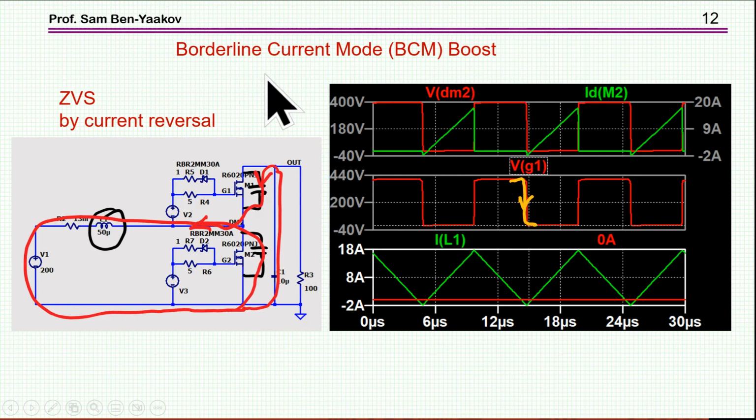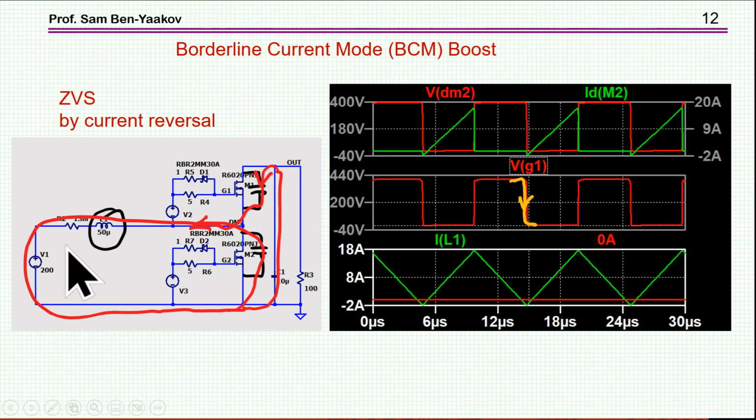To remedy this, we can use the BCM, or borderline current mode approach, in which case we are actually causing the current of the inductor to go negative. In fact, by current reversal, many times we correct problems of hard switching and convert them into zero voltage switching.